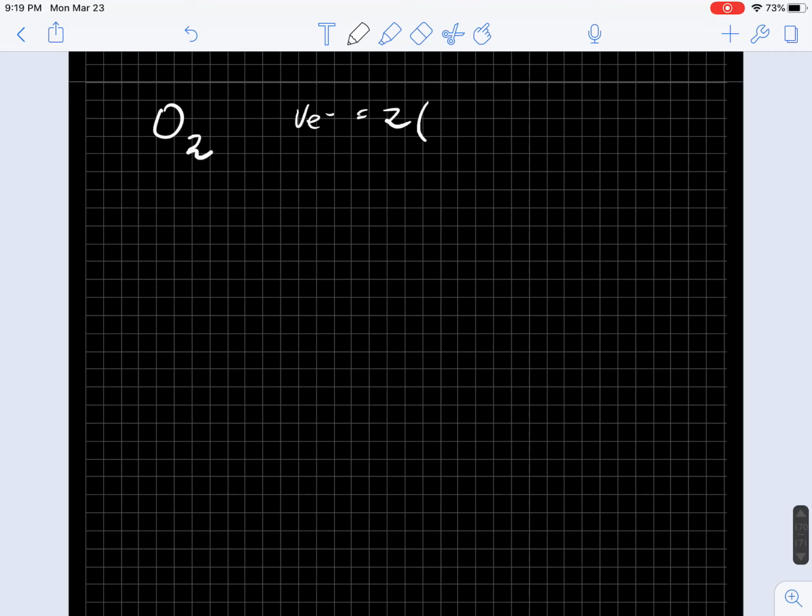So we look up the valence electrons for oxygen, and we get two oxygen atoms, oxygen is in group 16. So that gives me 12 valence electrons. Now, there's no central atom. There's only two atoms, so both of them are terminal.